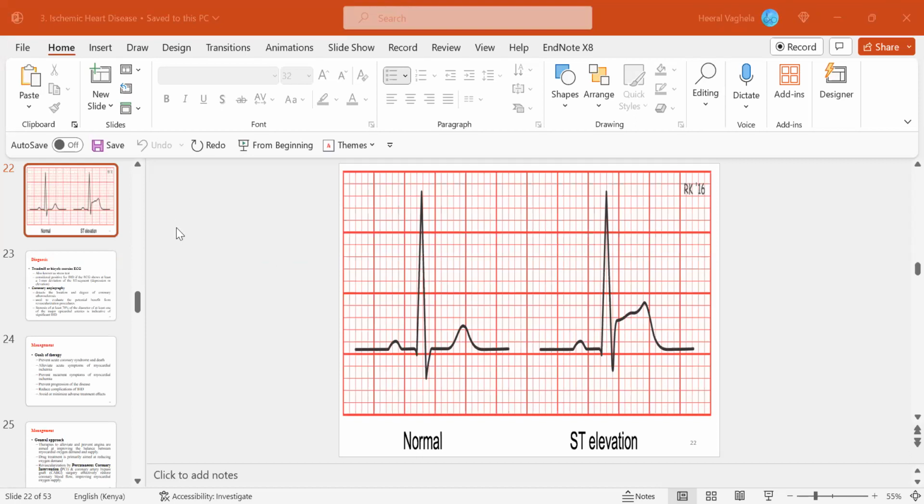Then the diet, they should check on their diet so as to reduce alcohol, too much fatty foods, and also smoking if it's there. Then for the pharmacological, they'll be given the CCBs as vasodilators and beta blockers to reduce the demand of oxygen by the heart.